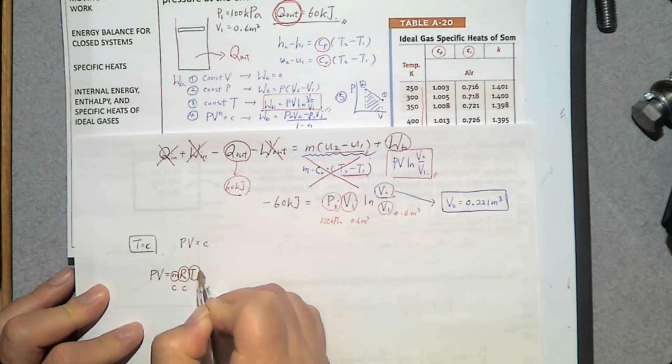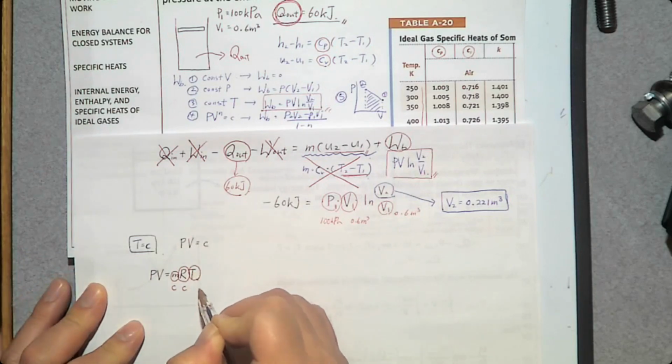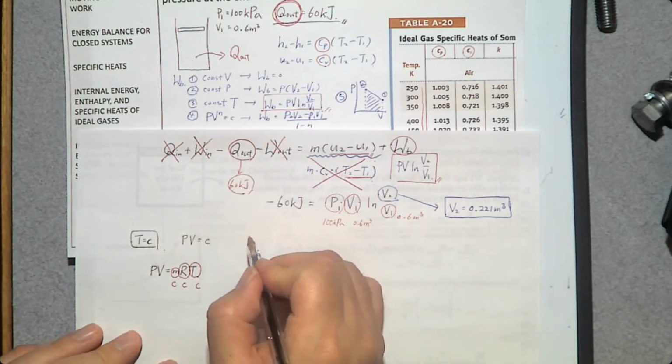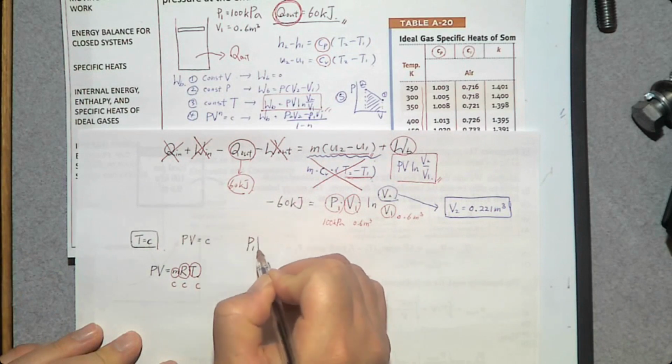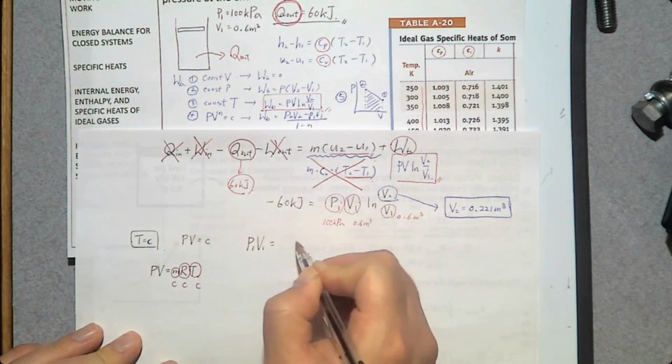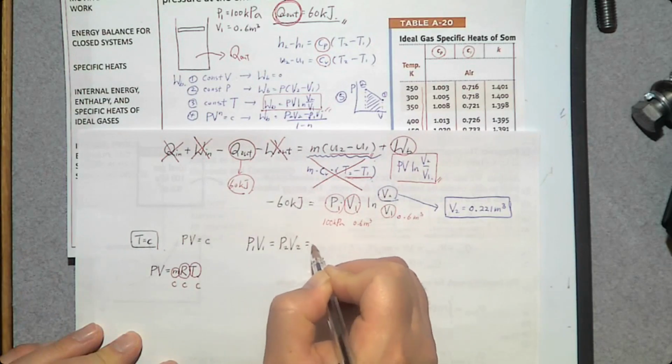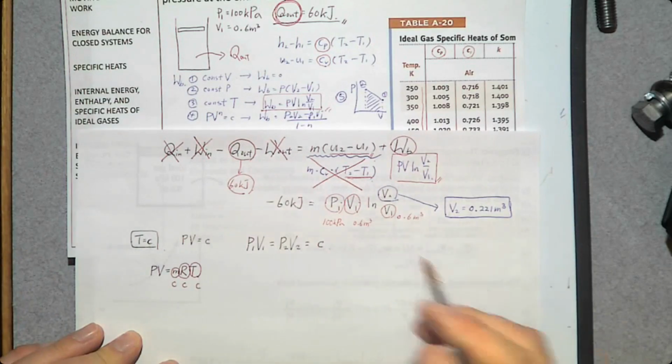Temperature T is constant in an isothermal process. So pressure times volume should always be constant. So we can say P1 V1 is the same as P2 V2 because that is a constant.